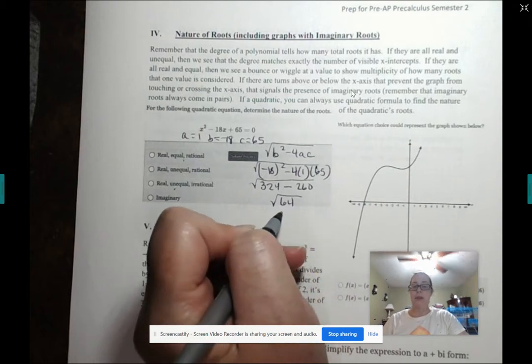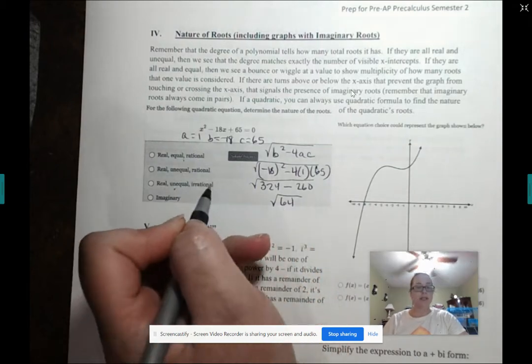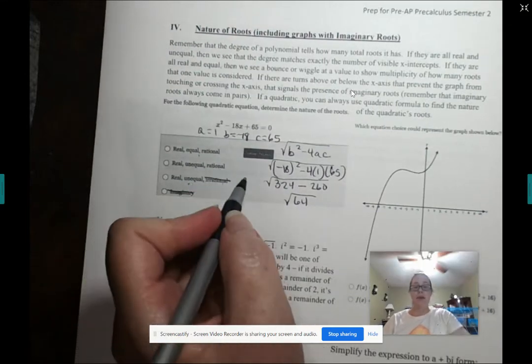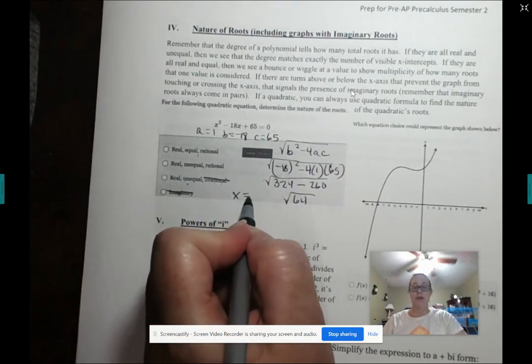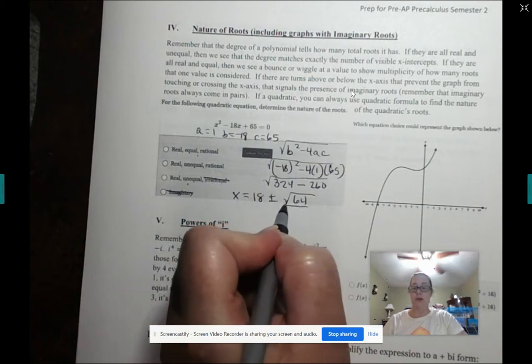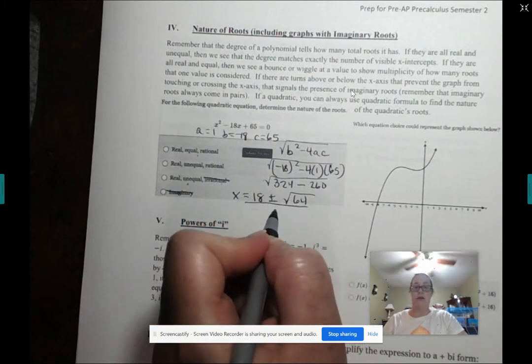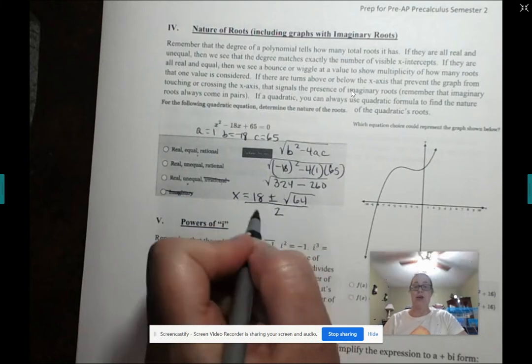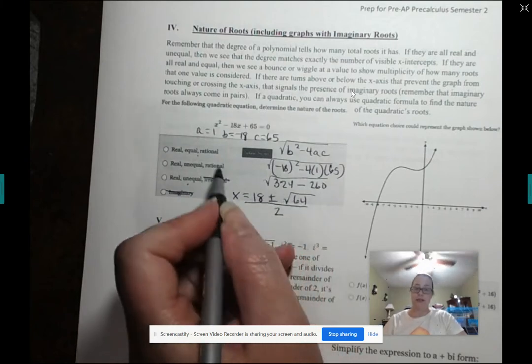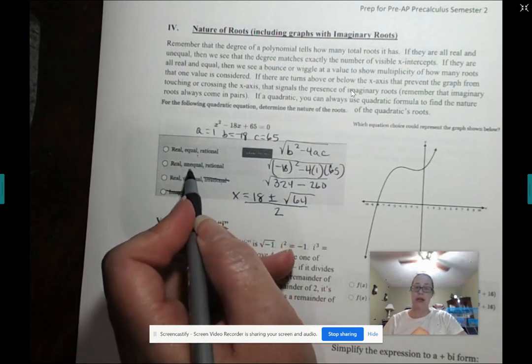Is that a perfect square? Yes. So it's not irrational and it's not imaginary. But what that means is, if I take the rest of the quadratic formula, negative b plus or minus the square root of all that over 2 times a, is that going to give me two numbers that are exactly the same or two numbers that are different? That's the difference between equal and unequal.